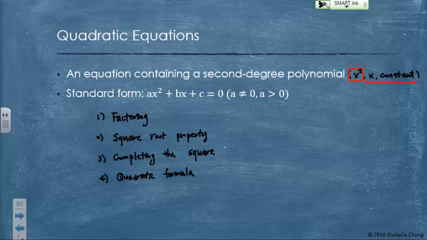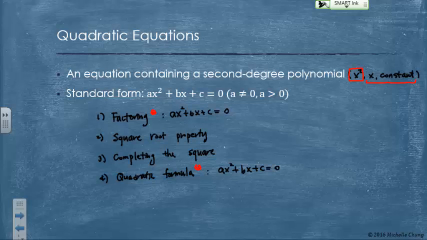Now, even though I will explain all of them, whenever you are given any quadratic equation, usually you will try to see if you can use factoring, and if you cannot, then you will use the quadratic formula. Also, if you want to use factoring, you should have standard form. If you want to use the quadratic formula, you should have standard form as well.